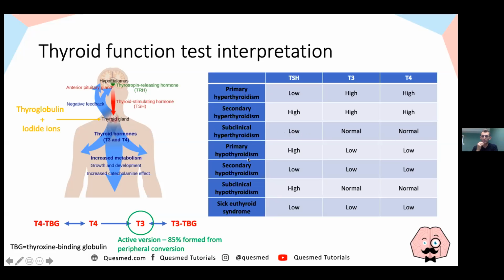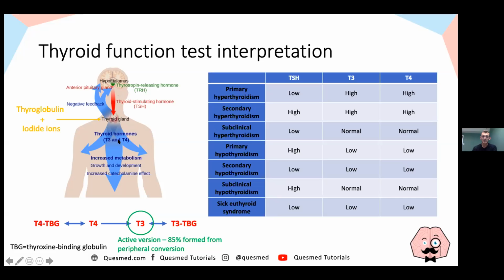And then if you go on to hypothyroidism, primary hypothyroidism, again, primary means coming from the thyroid, so there's low T3 and T4. And because there's low T3 and T4, there's less negative feedback onto the anterior pituitary, so your TSH goes up. Secondary hypothyroidism means there's a problem elsewhere, so up in the anterior pituitary or the hypothalamus, and here it's producing much less TSH.